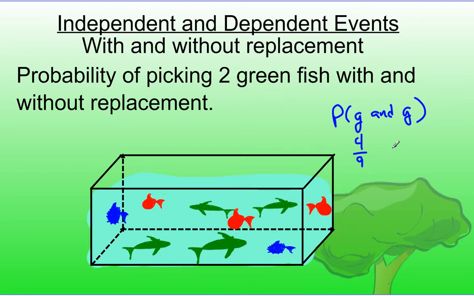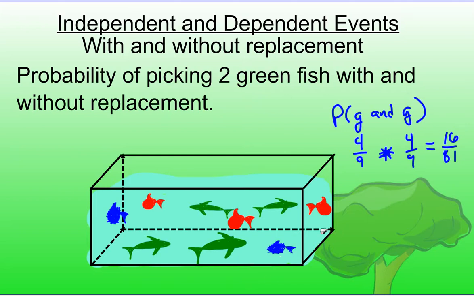What's the chance of getting another green fish? Well, 4 out of 9. And we're going to multiply these together because you have 2 different events. Every time in probability you have 2 different actions or 2 different events, you multiply the probabilities together. So the chance of getting 2 green fish with replacement would be 16 out of 81.